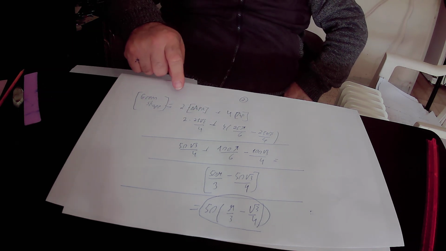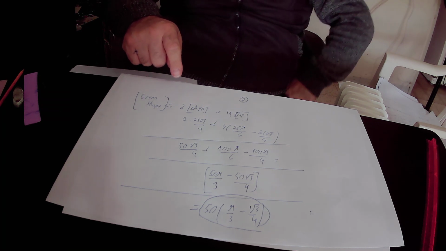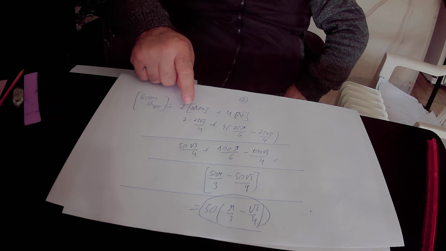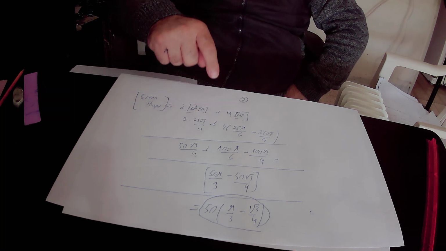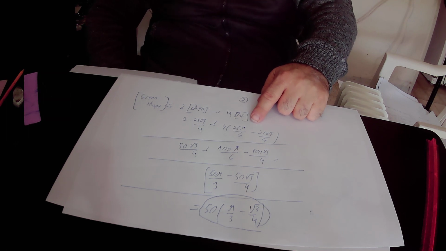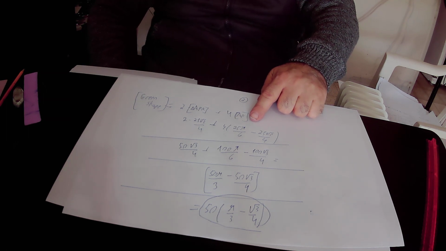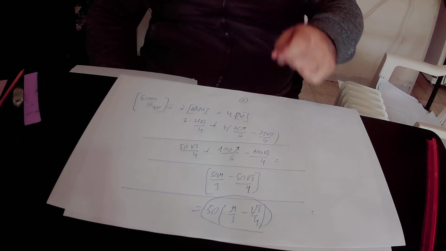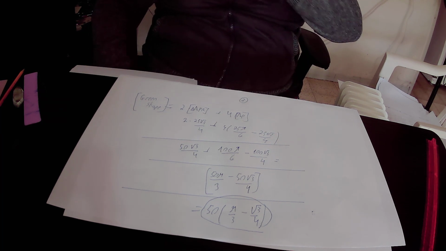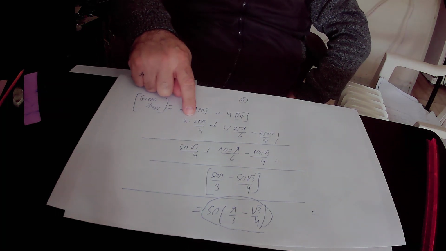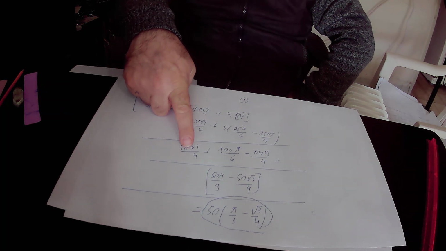So 2 times the area of triangle APQ equals 2 times 25 times square root of 3 over 4, plus 4 times the area of segment AP. The area of segment AP equals 25 pi over 6 minus 25 square root of 3 over 4. So here 2 times 25 is 50, so this expression equals 50 times square root of 3 over 4.